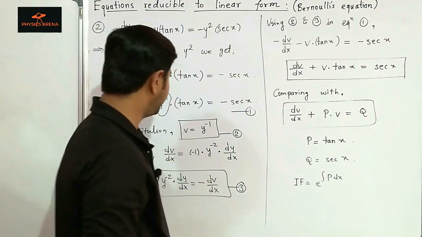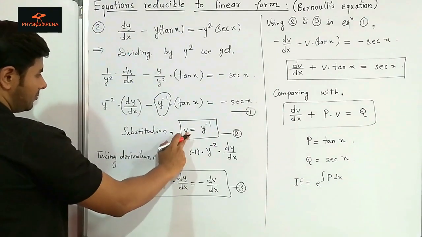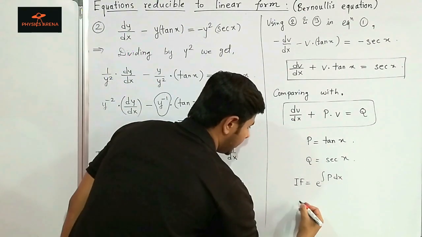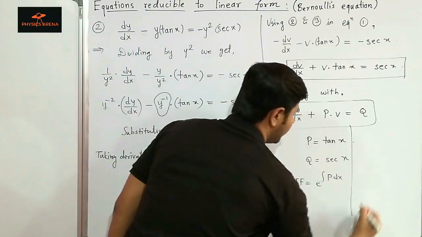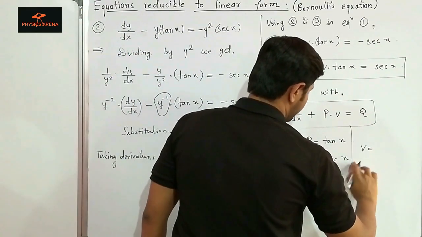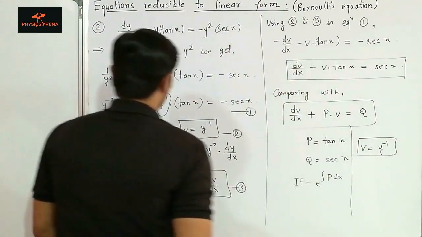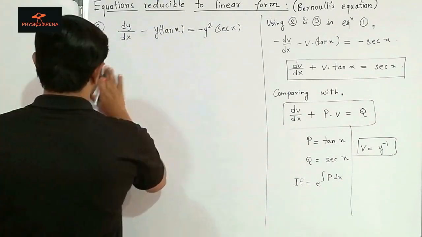So let's do that. So let me erase this. We'll need this v. So let's note it here that v equals to y raised to minus 1. Okay, so let us erase this.